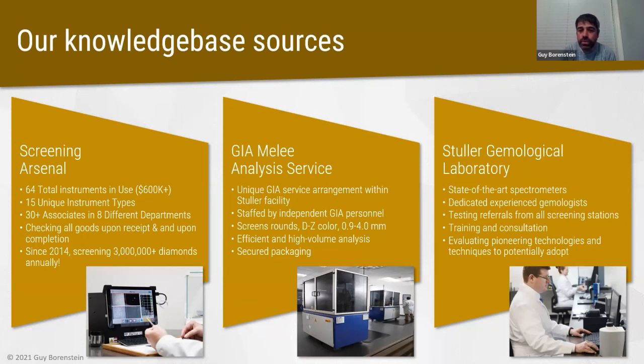Apart from that, we are also running a GIA melee analysis service within our company. It's the only place in the world where GIA is running a service within another company's premises. It's not exactly a fully lab.